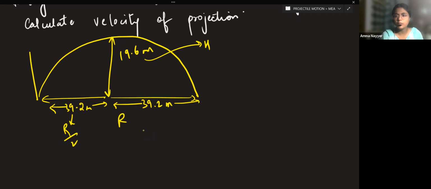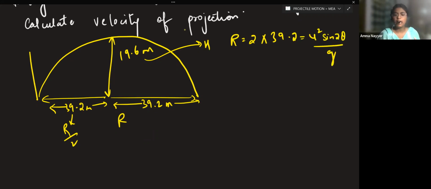If we try to calculate the range of motion, R will become 2 into 39.2, which equals u square sine 2 theta divided by g. The angle we do not know. We actually have to find the angle first, because if we know the angle, then the velocity of projection u is easier to calculate.